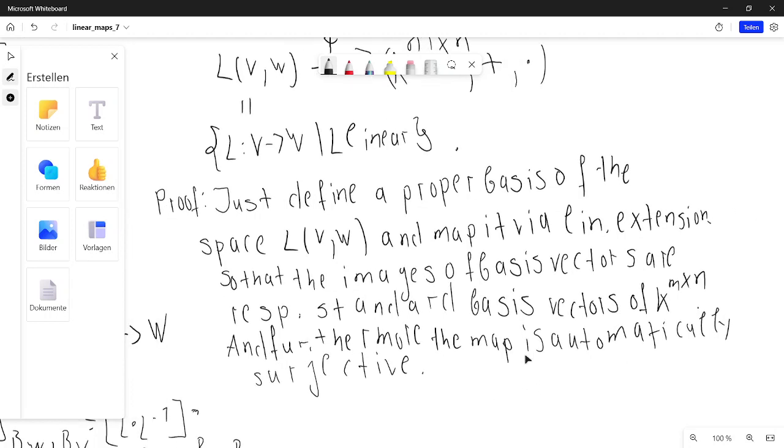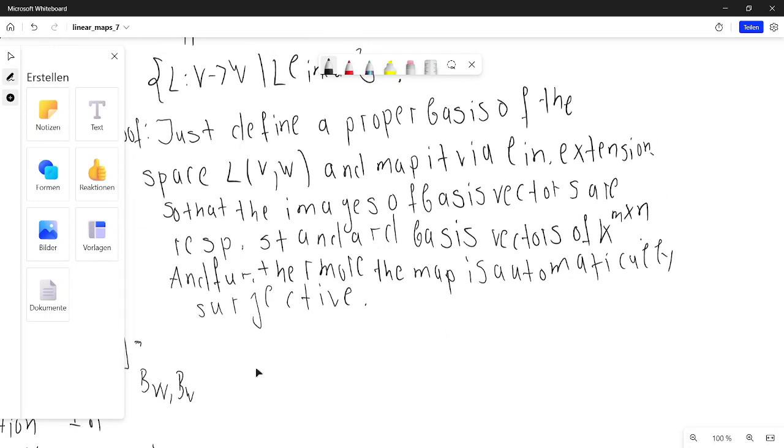Right. Well, how do we define a proper basis? Well, we just let ourselves be inspired.